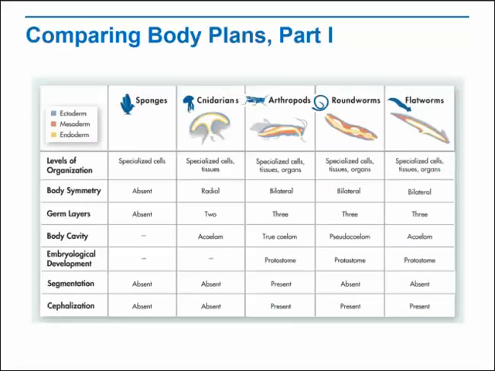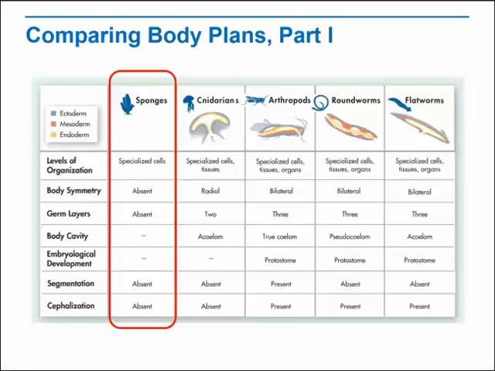This slide summarizes body plan features of the major groups or phyla of animals. Use this chart to compare and contrast the major animal groups, looking at levels of organization, body symmetry, germ layers, presence or absence of a body cavity, embryological development, segmentation, and cephalization.